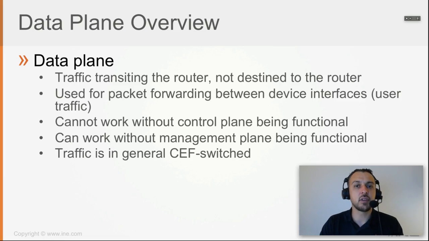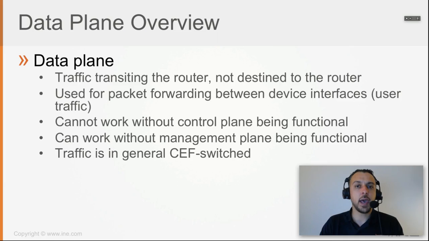So it means that if a router has a transit packet which has to be fragmented, it has to punt it to the CPU. Let's find another example.